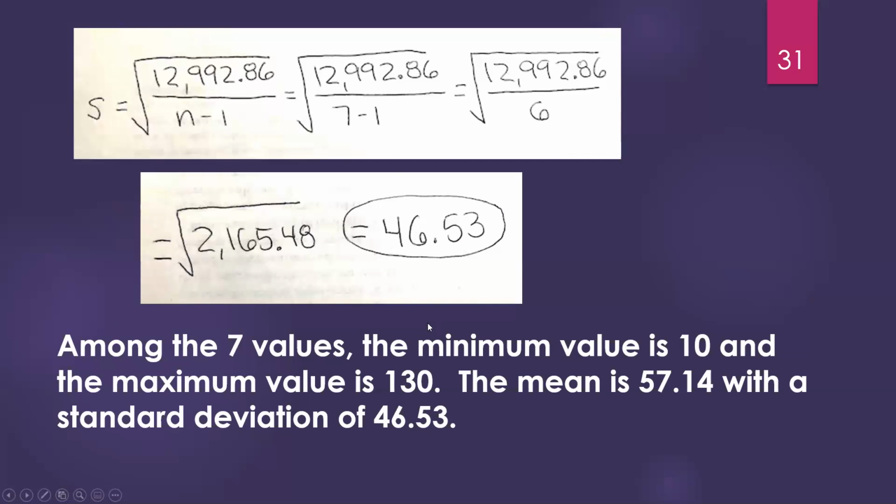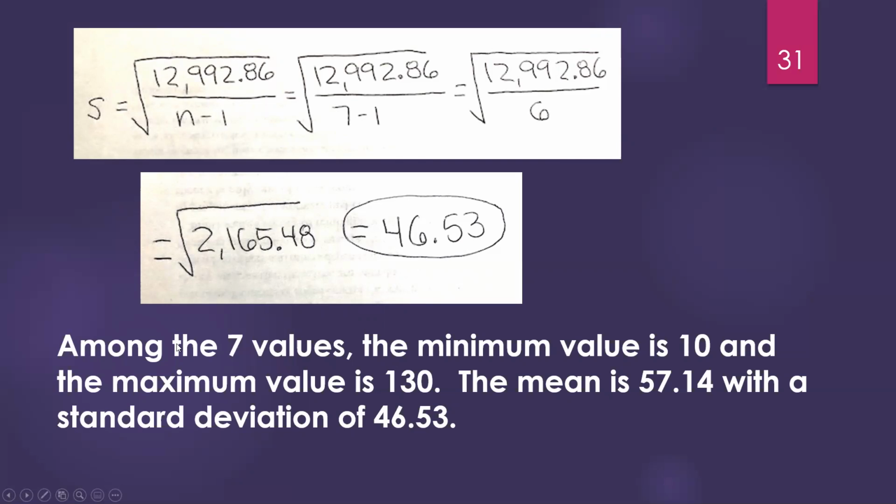Remember, when we're reporting all of the appropriate descriptive statistics, you have 4 things that you have to report. Well, 5 things if you count the min and max as 2 things. You always report the n, the minimum value and the maximum value, and then in sentence 2 the mean and standard deviation together in the same sentence.